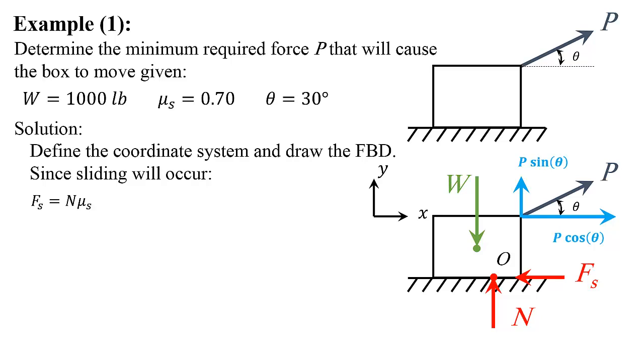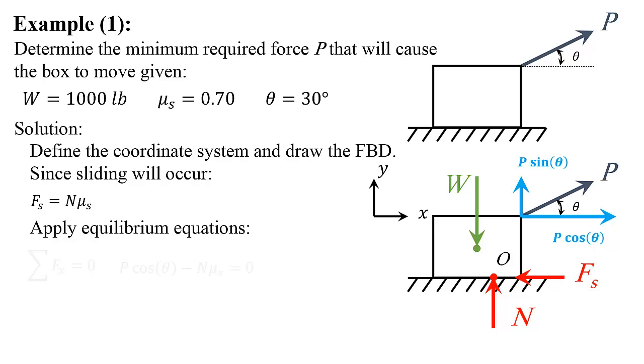equilibrium equation. But first I have to keep in mind that if movement is to occur, that means Fs in this case equals N mu s. So whenever I see in my formulation an Fs, I'll substitute it with N mu s. So let's apply the equilibrium equations.